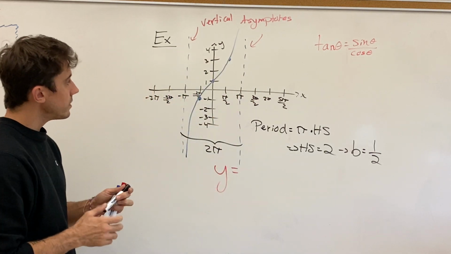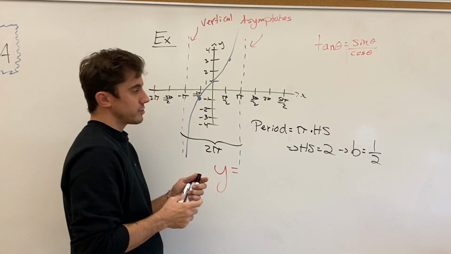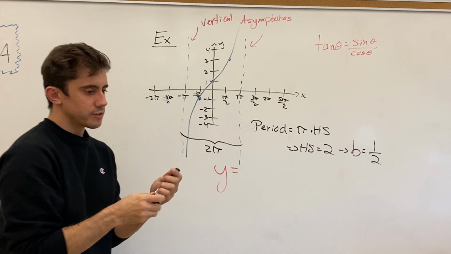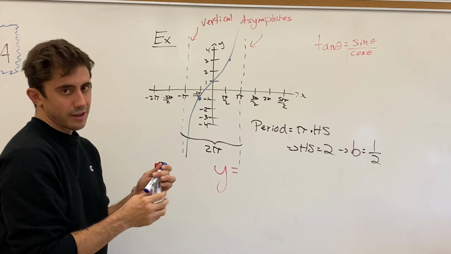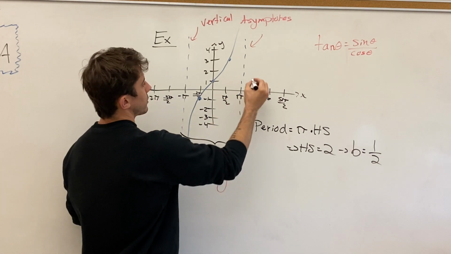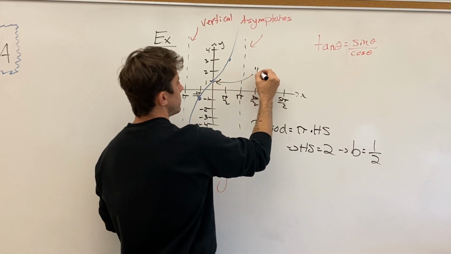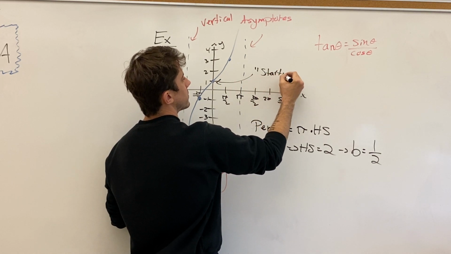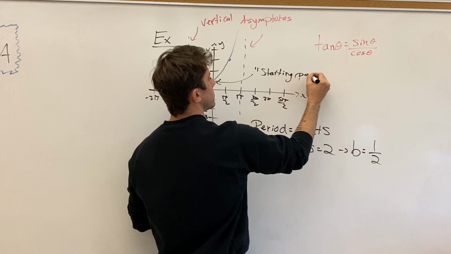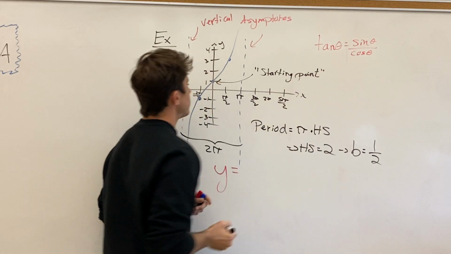Okay? Now, our starting point, which is kind of the point in the middle, strangely to say for a tan function, but I hope you guys know what I mean. Our starting point is this one that I'm referring to, over here.